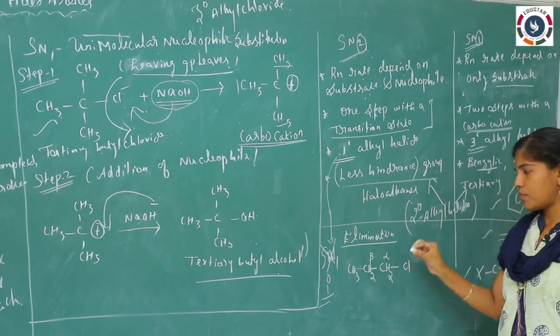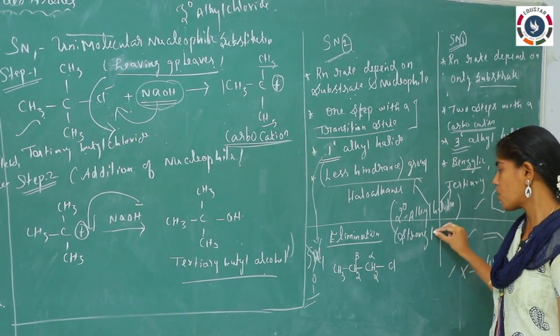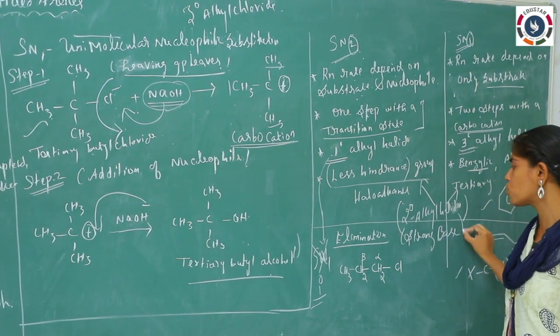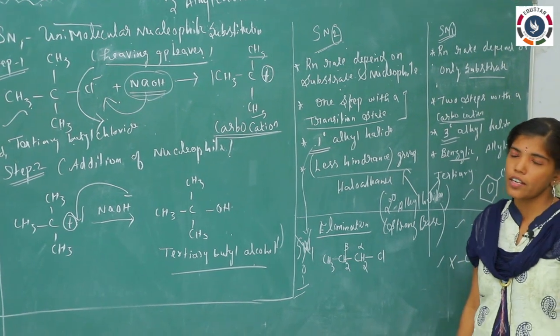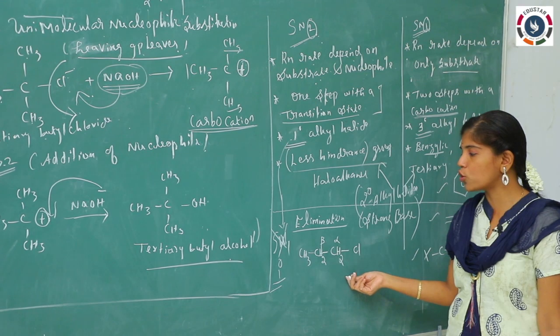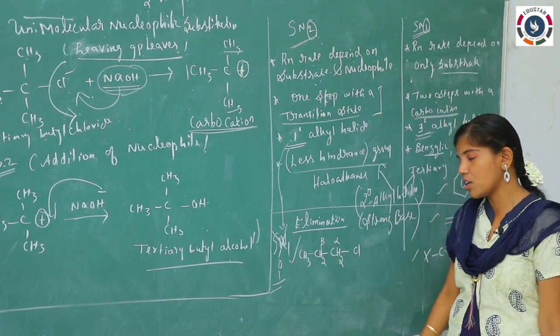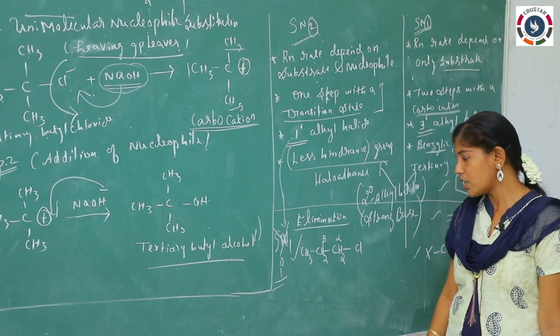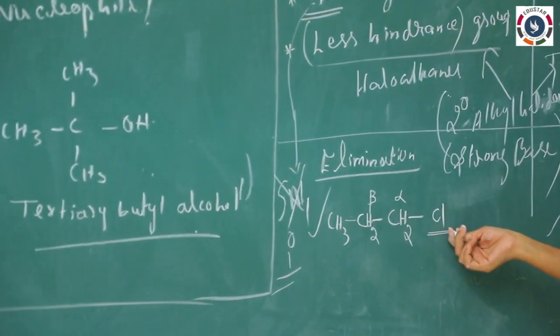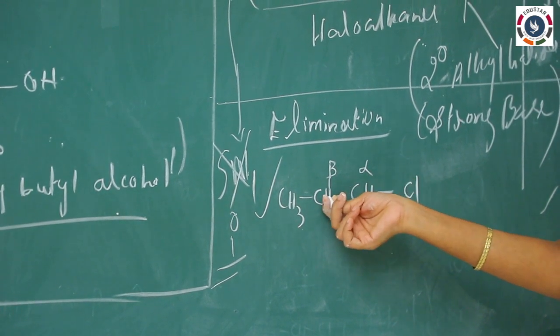Whenever a strong base is added to the alkyl halide, there is also a chance for the alkyl halide to choose another path, that is the elimination reaction. What is the elimination reaction? Actually, this is the substituent, this is the alpha carbon and this is the beta carbon.